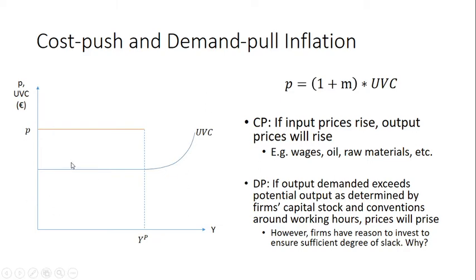Okay, so what we see here is that unit variable costs, according to Kalecki, are simply constant up until full employment production, or full employment output. This is because you have the labor and the machinery needed, and you don't need to invest more or pay your workers more if you ask your workers, for example, to work 25 or 30 hours instead of 20 hours.